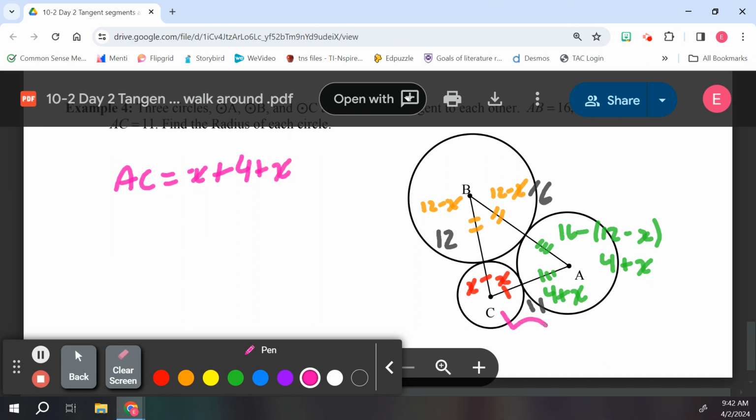I'm just adding this whole side together, and I know it's going to equal 11, because that's what we said AC was. So this will be 2x plus 4 equals 11. And solve, you're going to get x equals 3.5.